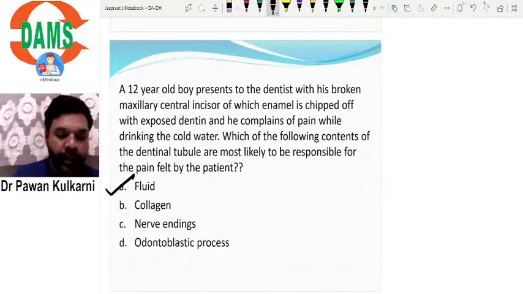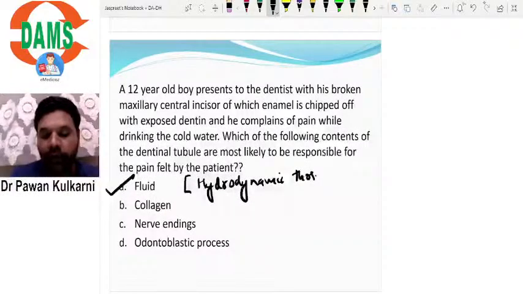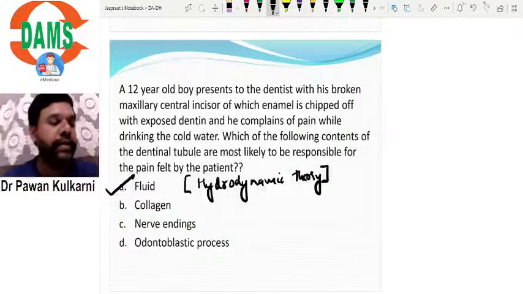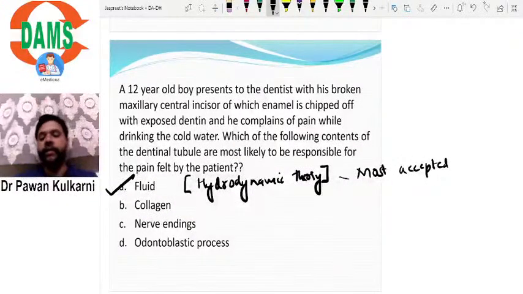So the main factor here is the fluid. That explains the hydrodynamic theory for dentinal hypersensitivity, the most accepted theory.